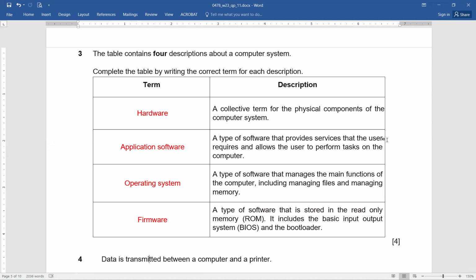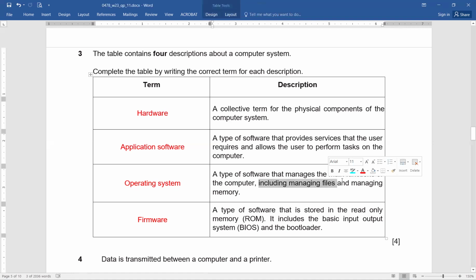Okay, now the third one, a type of software that manages the main functions of the computer, including managing files and managing memory. So these 2 terminologies are actually the complete indication of what it is. It's managing files and managing memory. So this is the task that is performed by the operating system.